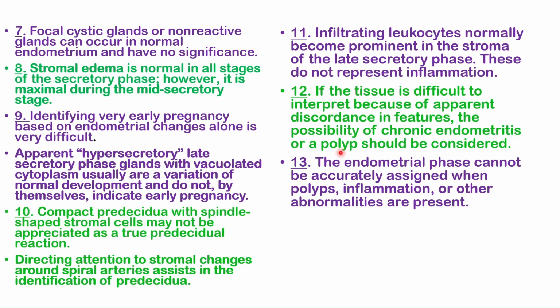If the tissue is difficult to interpret because of apparent discordance in features, there may be possibility of chronic endometritis or polyp. And the endometrial phase cannot be accurately assigned when polyp, inflammation or other abnormalities are present.